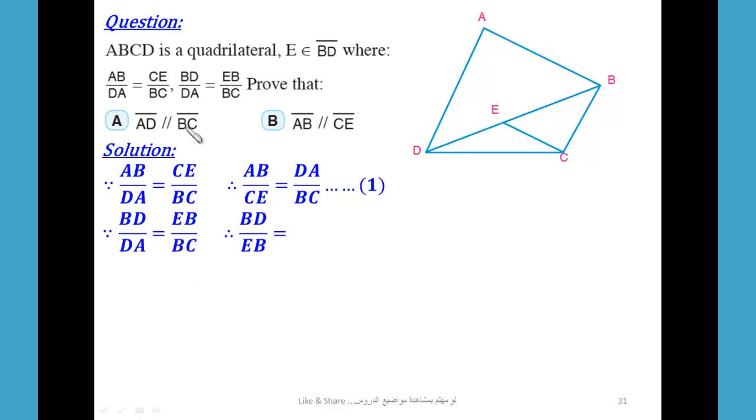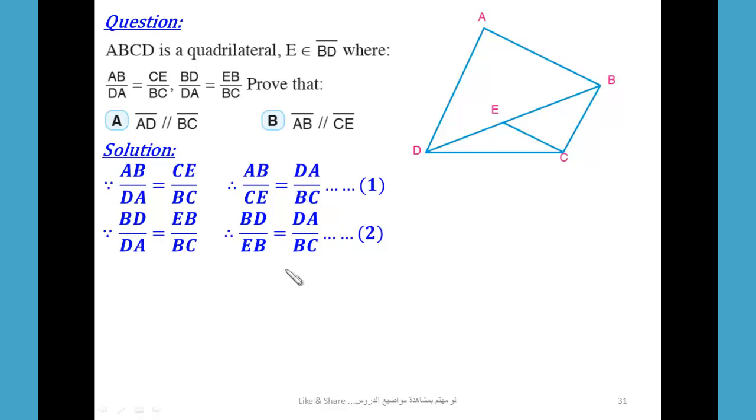Also from the given, BD over DA equals EB over BC. Then antecedent over antecedent equals consequent over consequent, and we write it BD over EB, in fraction and ratio, equals DA over BC, like this.